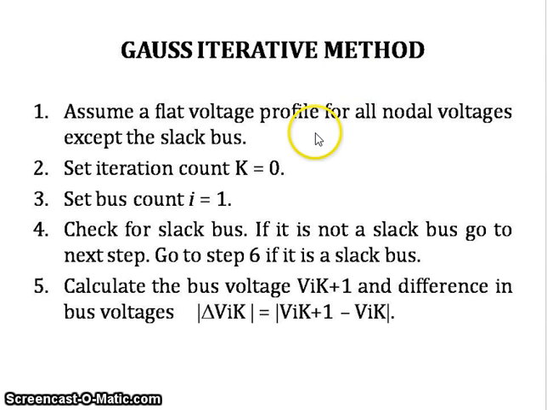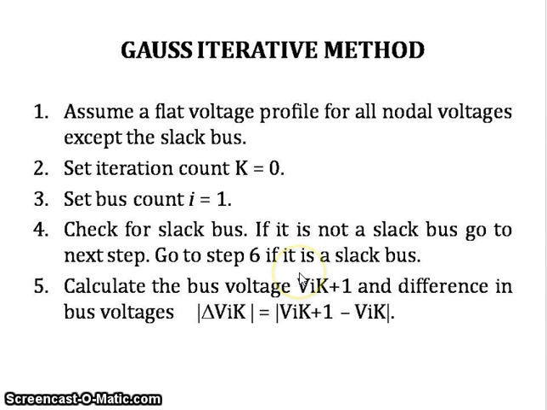In this Gauss iterative method, we need to assume a flat voltage profile for all node voltages except the slack bus, because the slack bus is a reference bus. Then we need to write a program, so we will be discussing the flowchart, or the algorithm. To start with, the iteration count k equals 0 and the bus count i equals 1. Then we check for the slack bus.